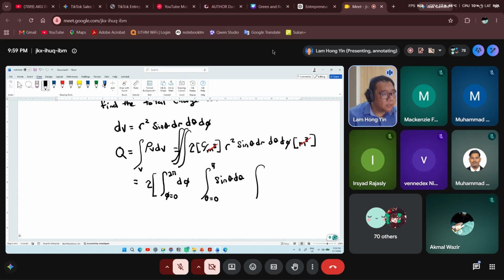And then the last one is related to the radius, from 0 to how many? Can I integrate up to infinity? Can or cannot? r square dr. Can I integrate from r equals 0 to infinity?